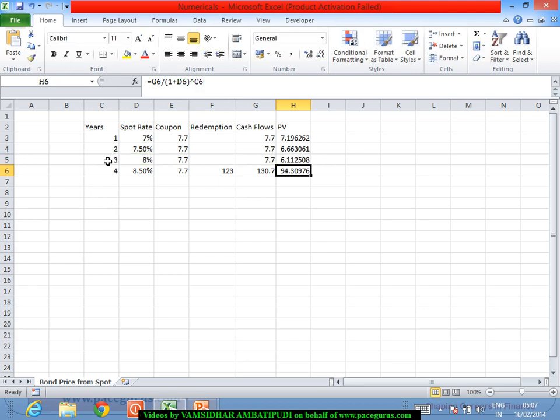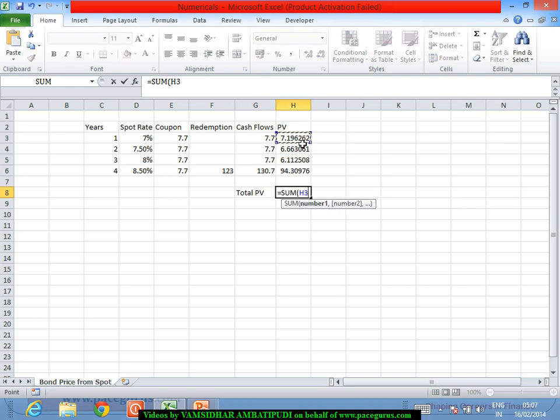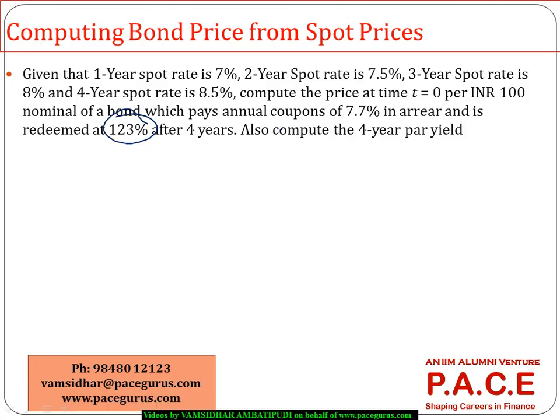These are the cash flows, and the total present value in this case is the simple summation of all these things, giving me 114.28 as the value of this bond, that is 114.28 rupees for every 100 nominal value of the bond.